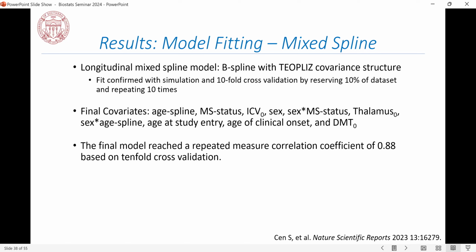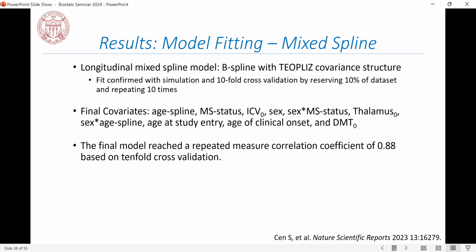So we have identified the final model for the fitting, and the final performance after cross-validation gives a 0.88 correlation coefficient between predicted and observed data. That's pretty good. This was done using something called repeated measures correlation.